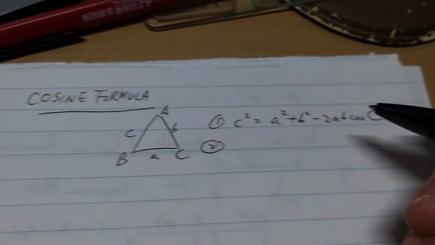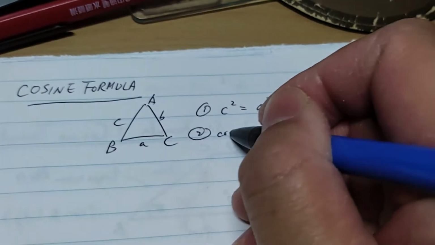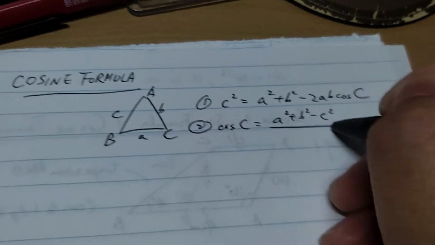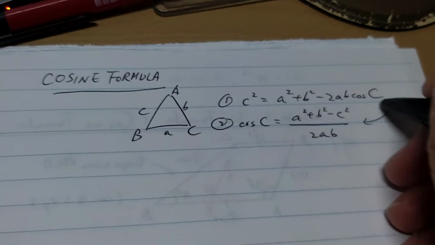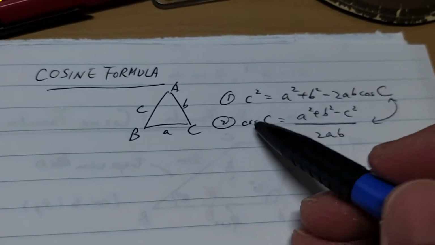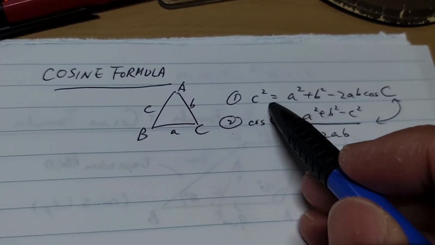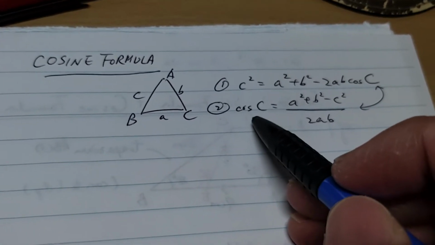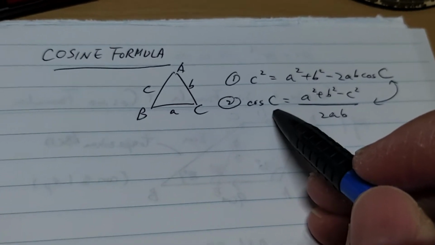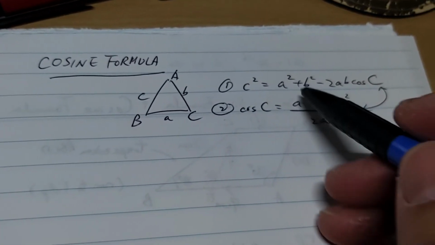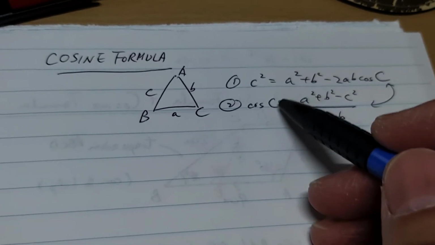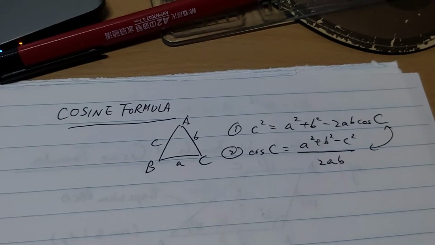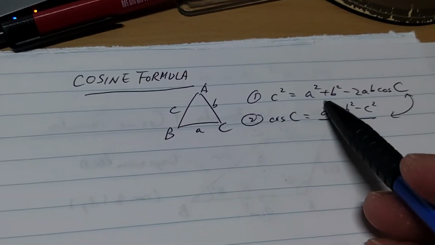The second rule is cosine c equals a squared plus b squared minus c squared over 2ab. Actually, they are the same. But when we use the first formula, we can easily find the side c. When we use the second formula, we can easily find the angle c. So, although they are the same, we can still memorize these two formulas. Now I will prove this cosine formula to you.